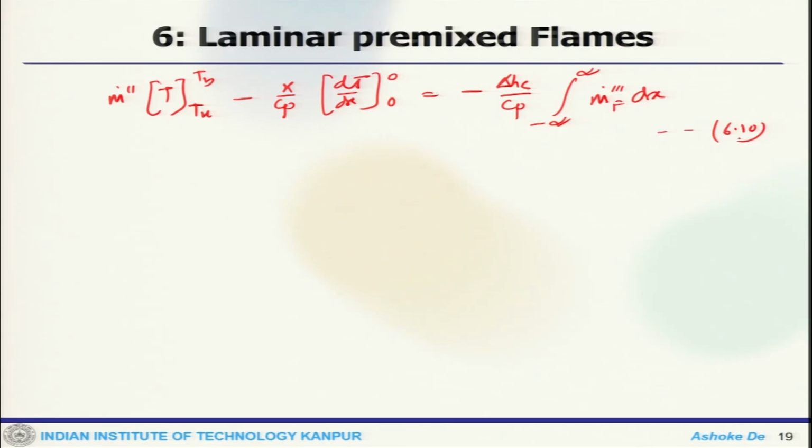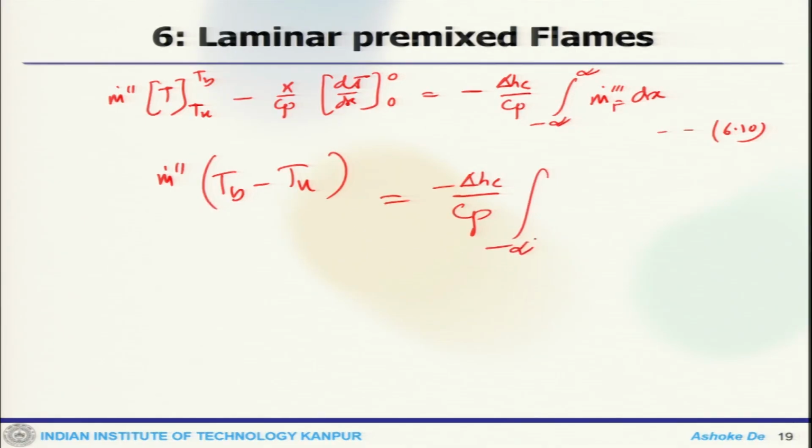So, if we write m dot (Tb minus Tu), one can write minus delta is C by Cp.